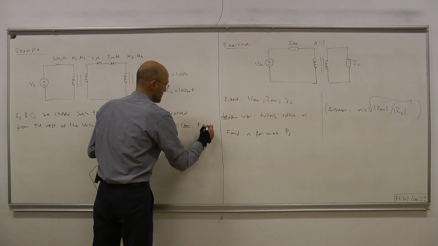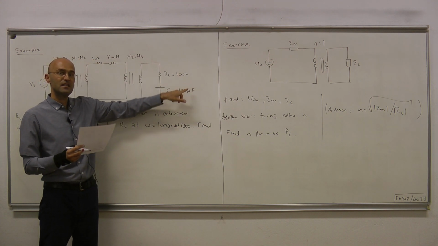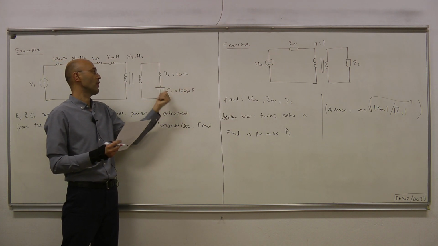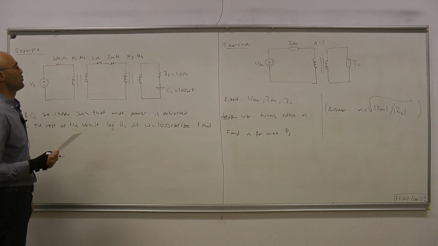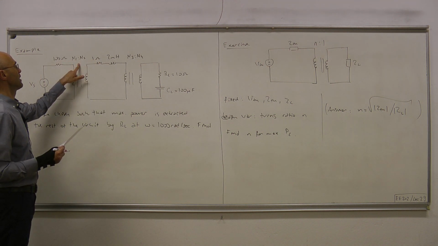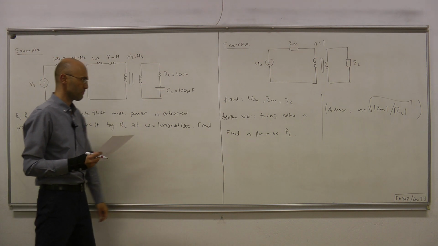If that's the case, and we are given the optimal values for RL and CL, what we're asked for are the turns ratios N1 over N2 and N3 over N4.